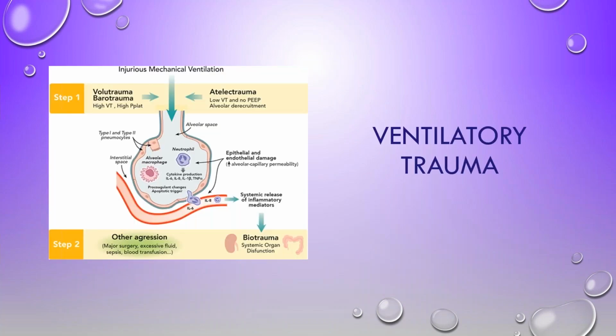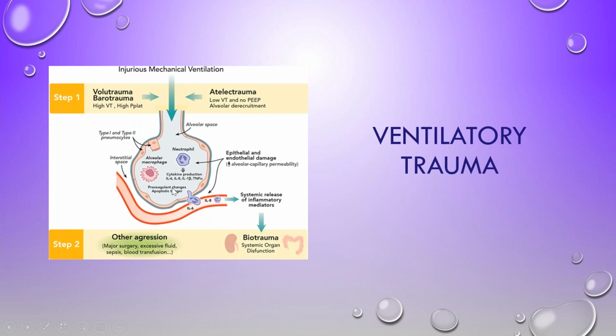So now we come to what this is really about. What happens during ventilatory trauma? What you will see here is that we start seeing neutrophil and macrophage and coagulant changes happening because of what's happening with volume, baro, and atelectic trauma.